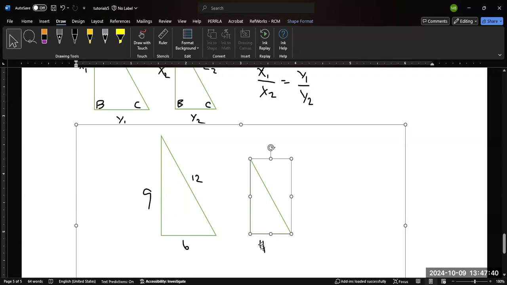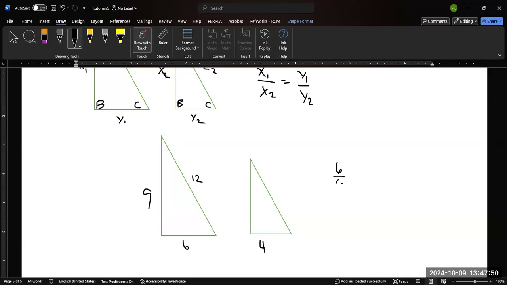So if I have this information, then I have a bit of information about the ratio of these two sides. I know that there is a relationship between these triangles in that these two shortest sides have a ratio of 6 to 4. Now, if I want to find this vertical side here that has a ratio of 9, I called this X in the previous setup, so we'll call this x again.